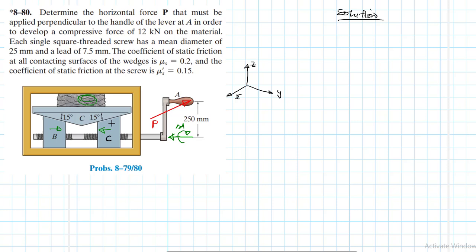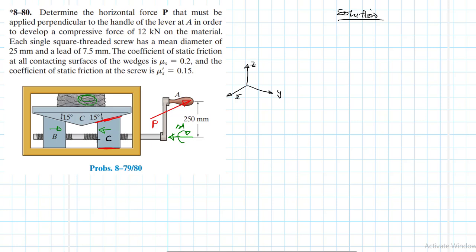Mind you, all these contacting surfaces here, this surface here and at the bottom here, we've been told the friction is 0.2. And then the friction between, because when you look at the wedge at C, this wedge at C also is acting as some kind of a nut. It has some grooves or some threads also, where the threaded board is supposed to go through.